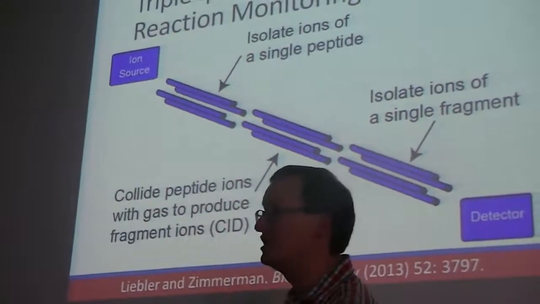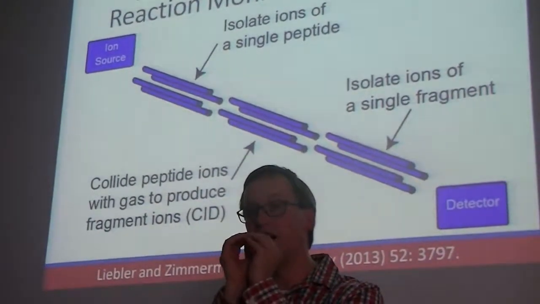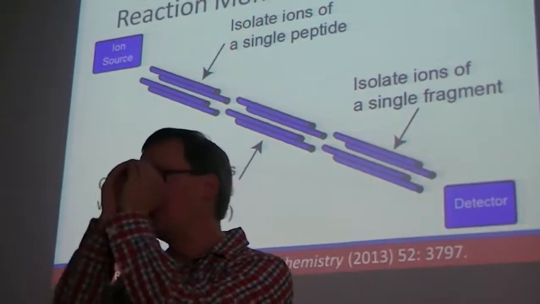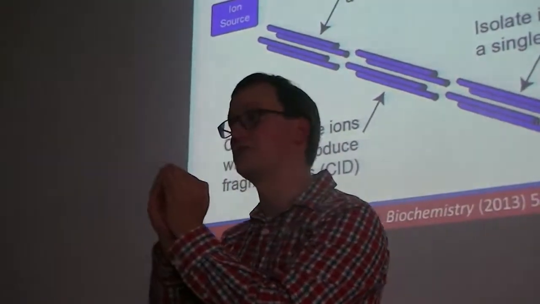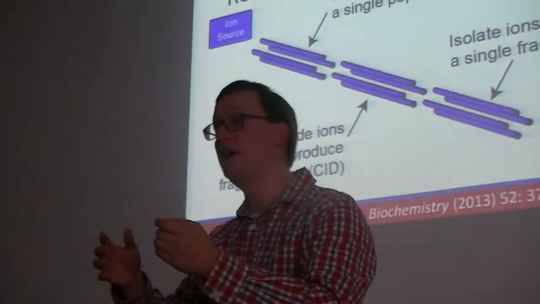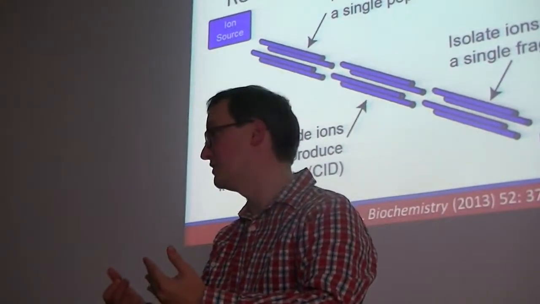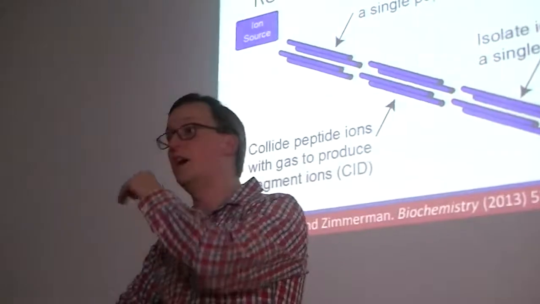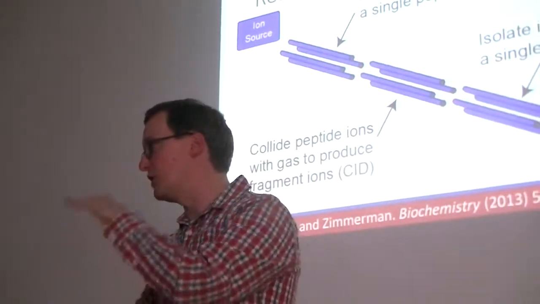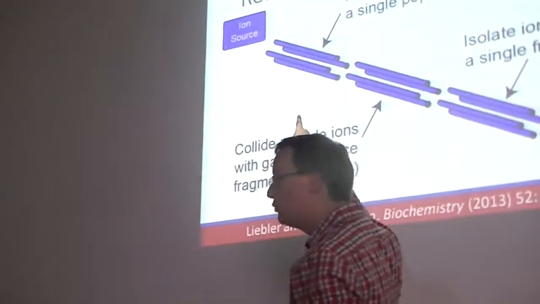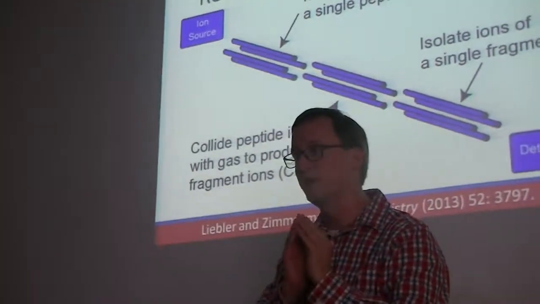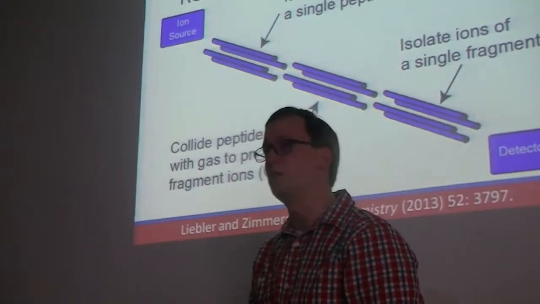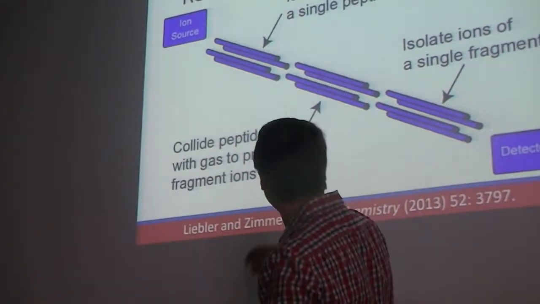This is designed to filter out everything but the ions of a particular mass to charge value. This is defined by the set of transitions you give it. So if you have 150 different peptides that you're monitoring, this first Q1 is going to be cycling through those 150 different mass to charge values corresponding to the 150 peptides you want to measure.